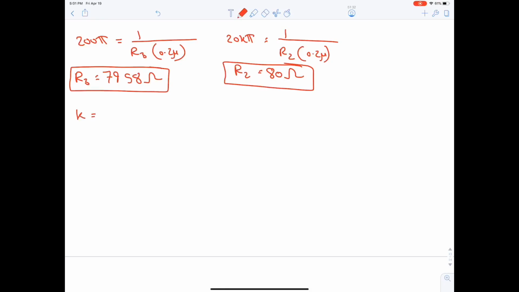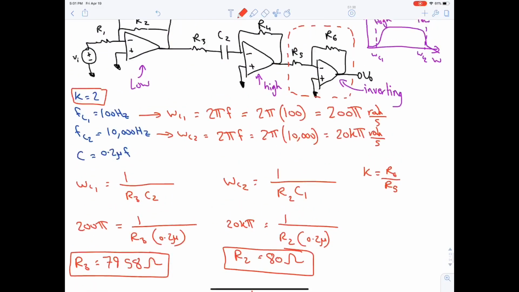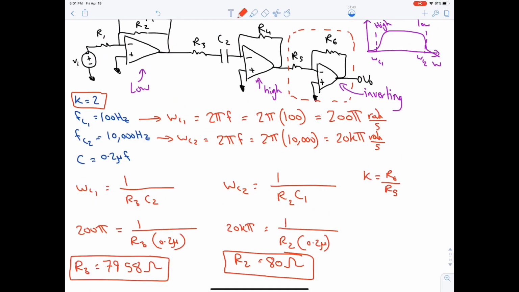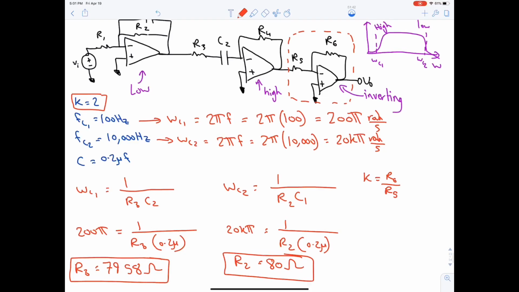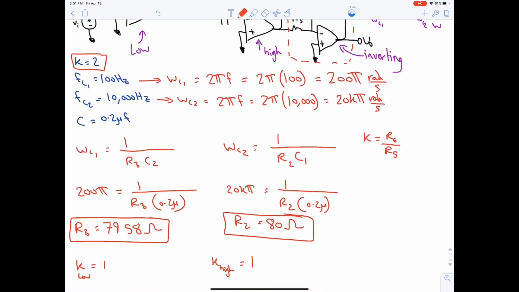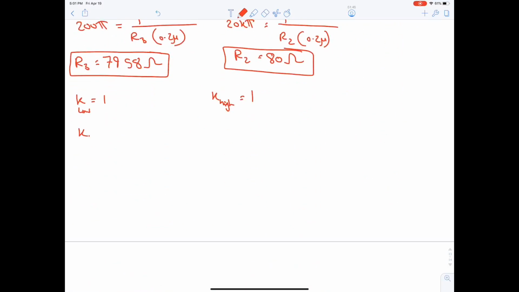K for the low is always equal to 1 and K for the high is always equal to 1. The gain for the low part is equal to R2 divided by R1. So let's write it down. K for low is equal to R2 divided by R1. K is equal to 1.